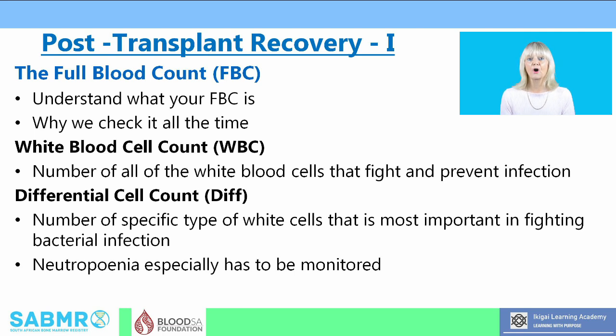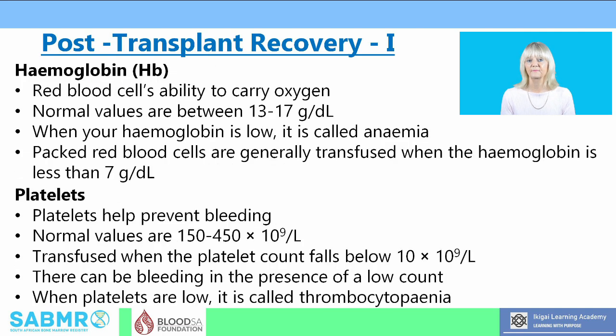This is the number of all of the white blood cells that fight and prevent infection. The differential cell count, or diff count, is to determine the number of specific types of white cells that is most important in fighting bacterial infection. Neutropenia especially has to be monitored.